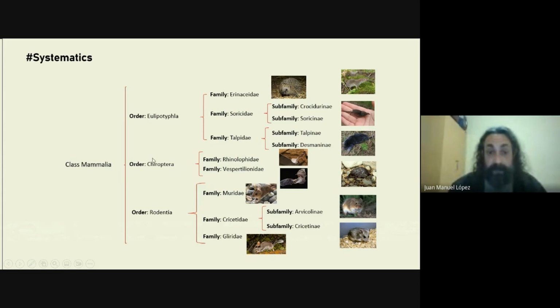After, bats, Chiroptera, where you can find these two main families. And also Rodentia, where you can find these three main families and subfamilies. That is the material that you can find in archaeological sites from early Pleistocene to early Holocene in Europe, more or less.